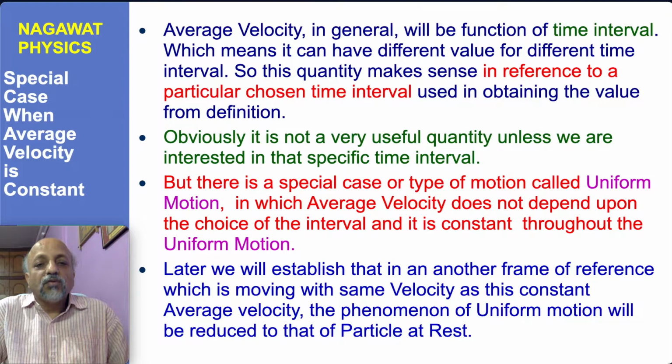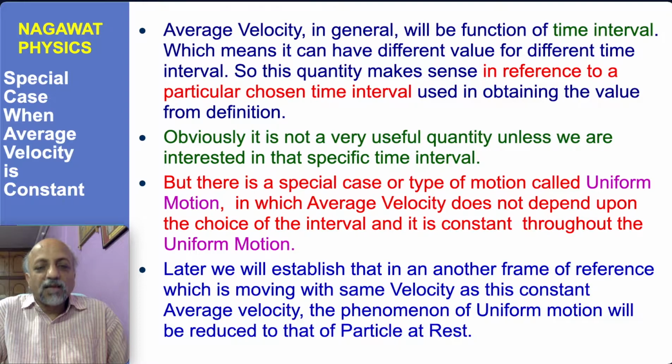Later, we will establish that the state of uniform motion of a particle in one dimension, or in general in three dimensions, can be reduced to the state of rest by choosing a moving frame of reference for describing the physics.